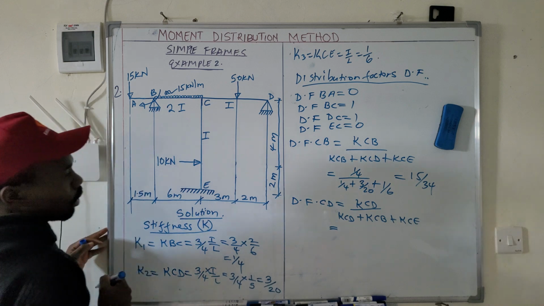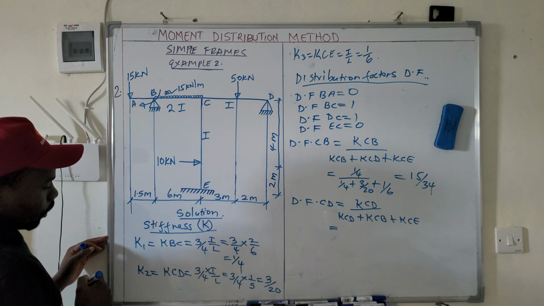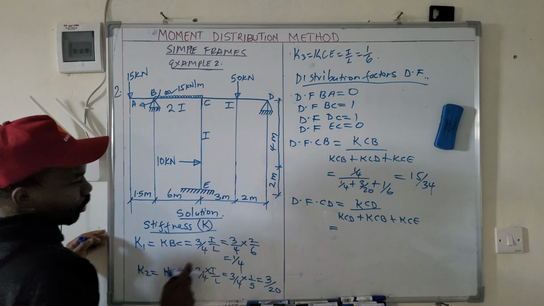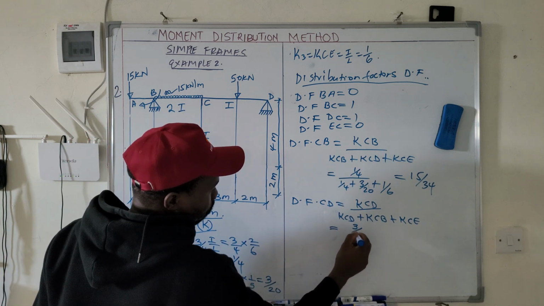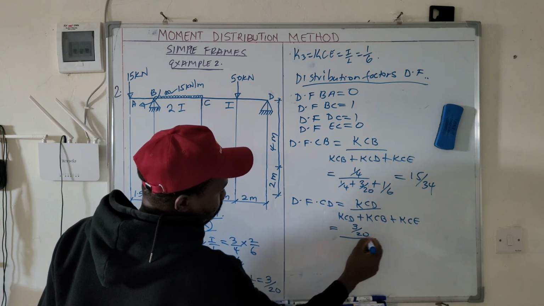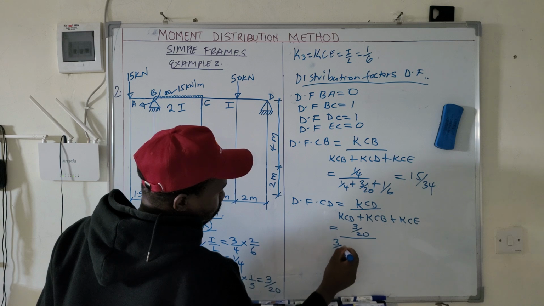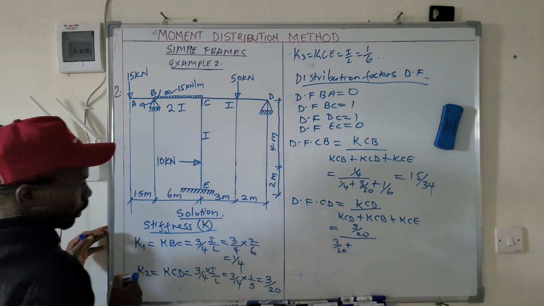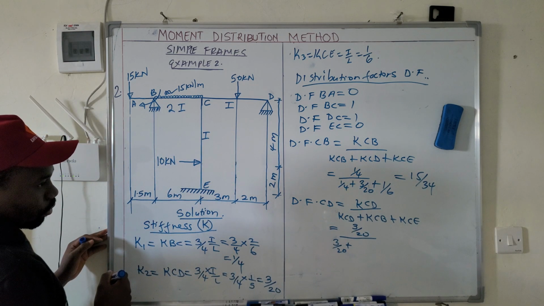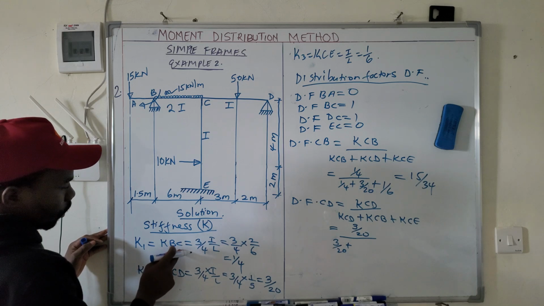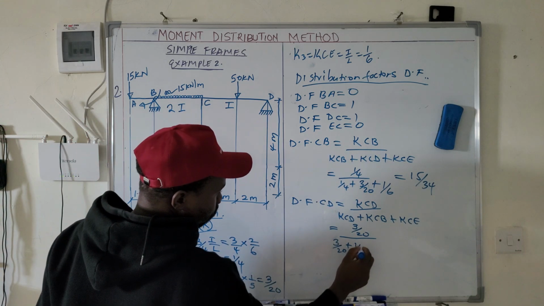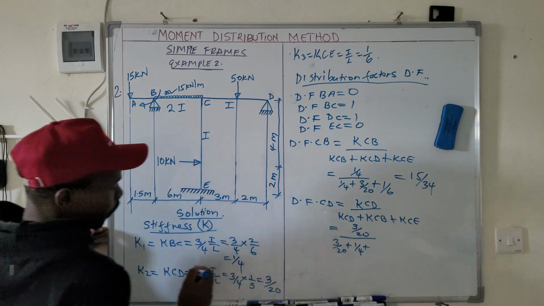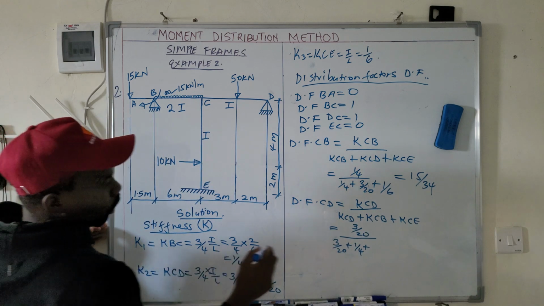So this one will be KCD is 3 over 20, over 3 over 20 plus KCB, which is 1 over 4, plus KCE, 1 over 6.